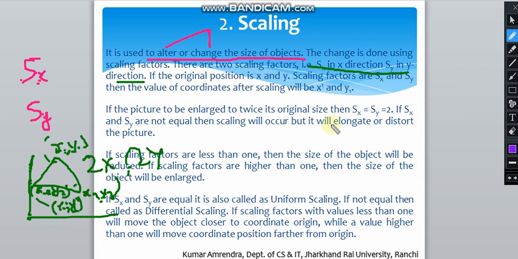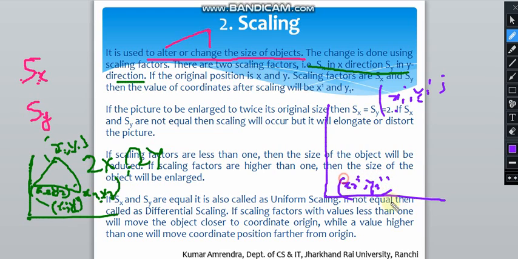So here we will enlarge each and every point. That means this x1 becomes x1 dash, y1 dash; similarly x2 dash and y2 dash, and x3 dash and y3 dash. These are the new points.